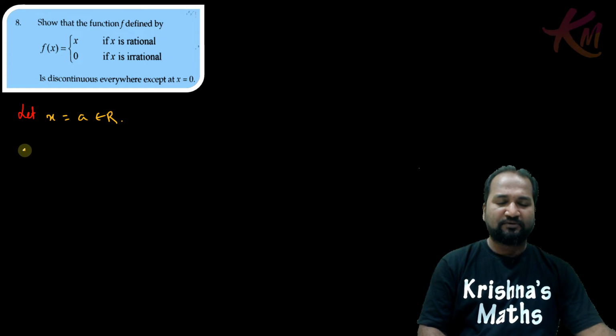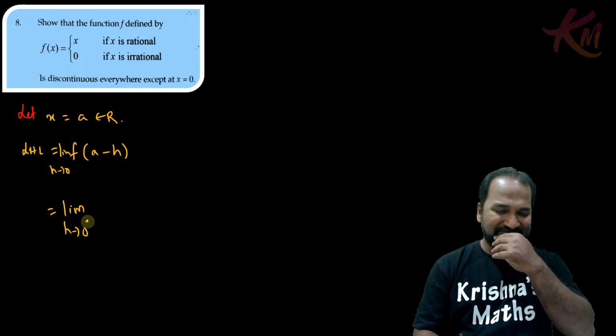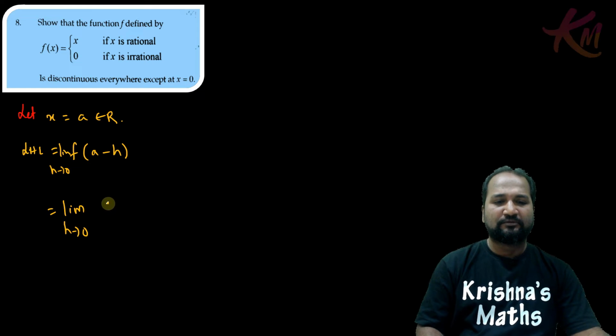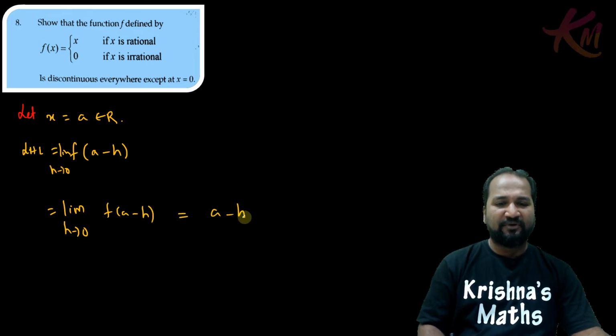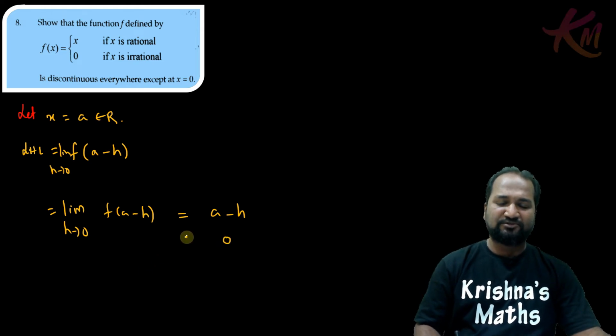So the left hand limit is f of a minus h, limit h tends to 0. So this is equal to limit h tends to 0 f of a minus h, which will be equal to either a minus h or 0.